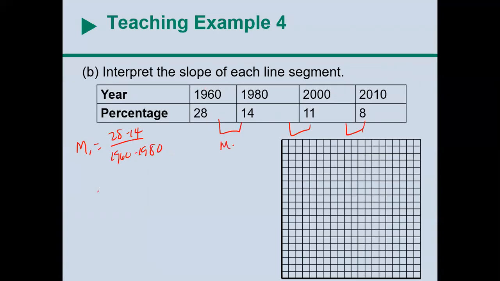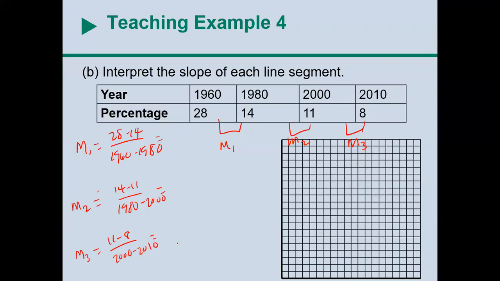M2 equals 14 minus 11 over 1980 minus 2000. Does it really matter which one I write first? No, just as long as I'm consistent. And M3 equals 11 minus 8 over 2000 minus 2010.